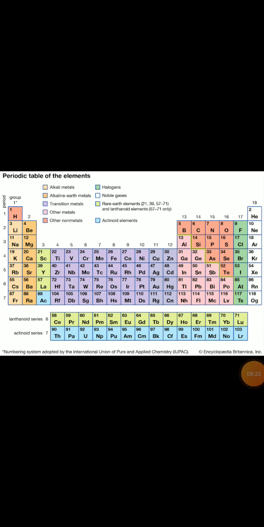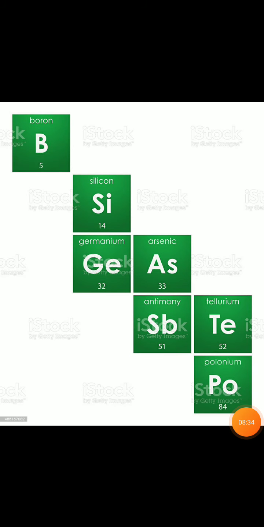We know that in the modern periodic table, a zigzag line separates metals from the non-metals. And the borderline elements, which are they?